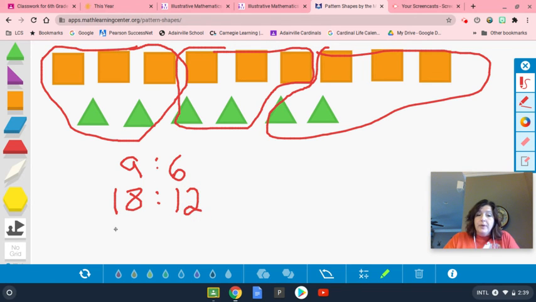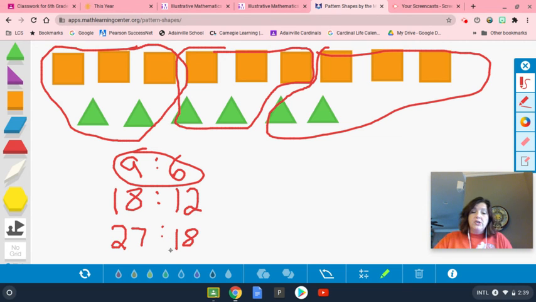If we had made 3 recipes, the ratio would have been 27 to 3 times that would be 18. So notice I'm just taking these numbers and I'm multiplying them both by 2, and then I'm multiplying them both by 3. If I wanted to have another equivalent ratio, I could multiply them both by 4 and then by 5, and then I can keep going and make as many different equivalent ratios as I want.